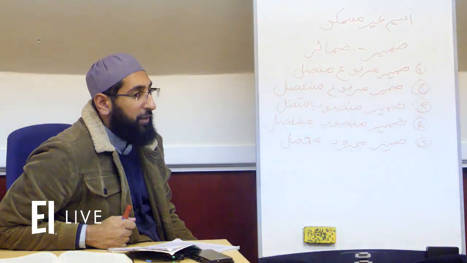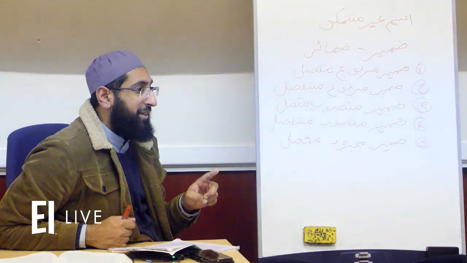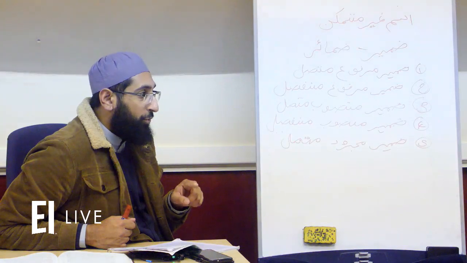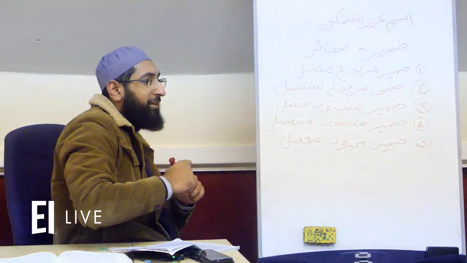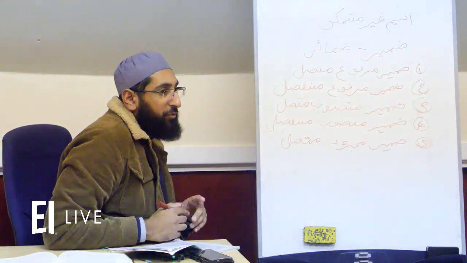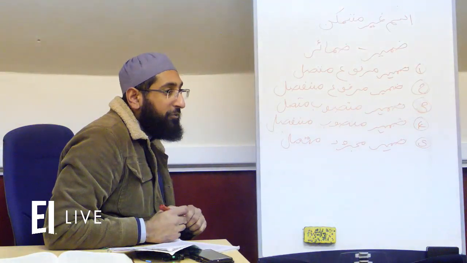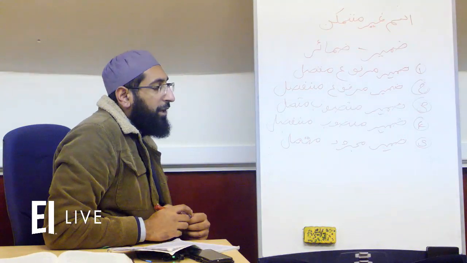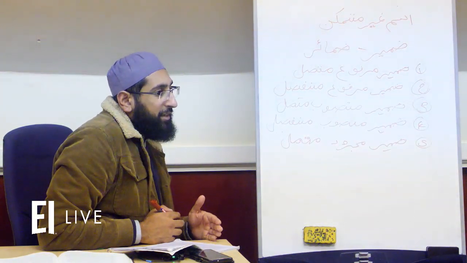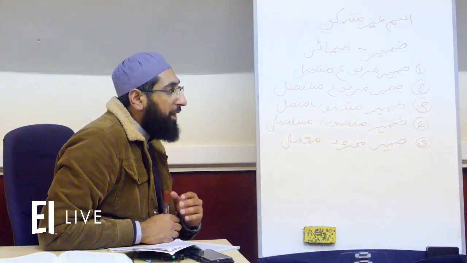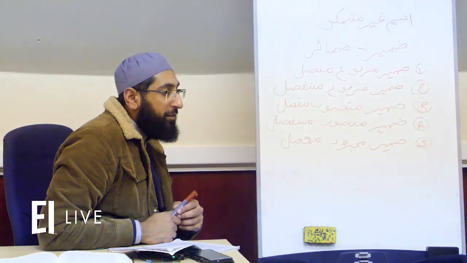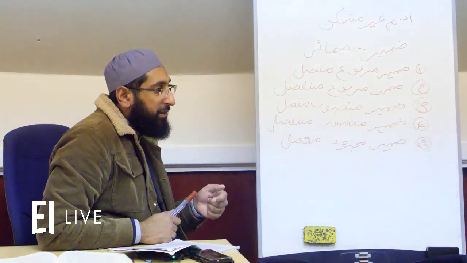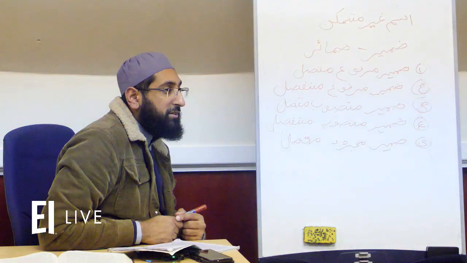If you don't want to do it with fi, do it with fi. Fihi, fihima. Now it changes, by the way. Remember we said lahu, lahuma. In this, keep an eye. Make life easy for yourself. If the previous letter is a ya or it has a kasra, then always give the first letter of the zamir a kasra.